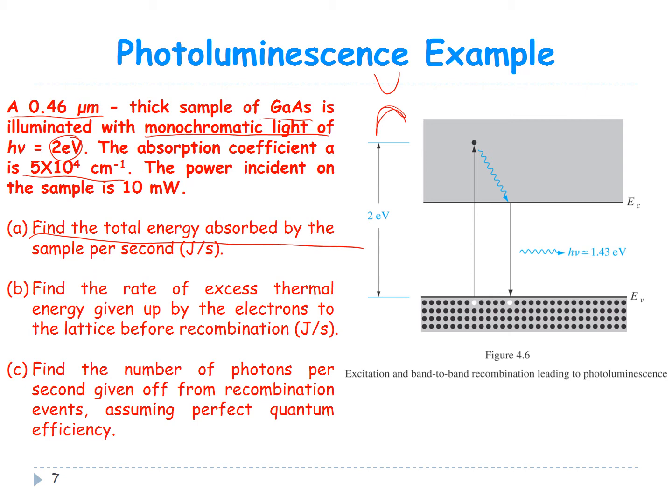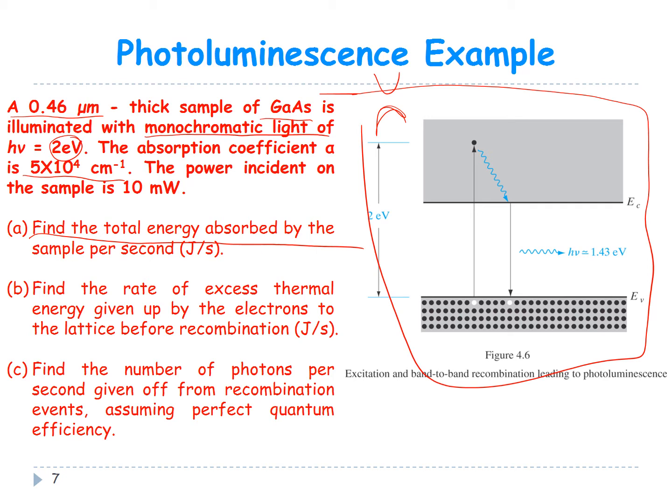And if you look at this figure here, what this means is the total amount of energy that is absorbed is, if you have your sample like this, and we have our incident light, which we can call in this case I0, and we have our transmitted light, which we are going to call here IT. So this is the intensity of the incident light, which in this case is 10 milliwatts.